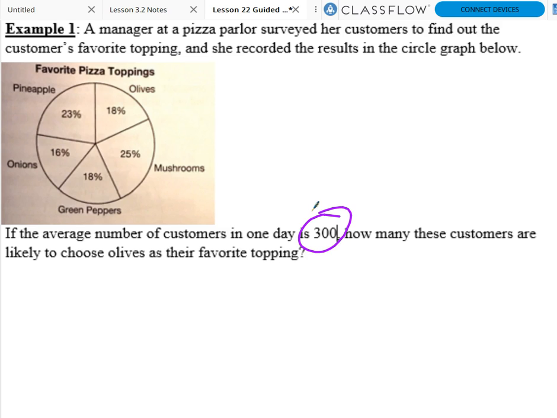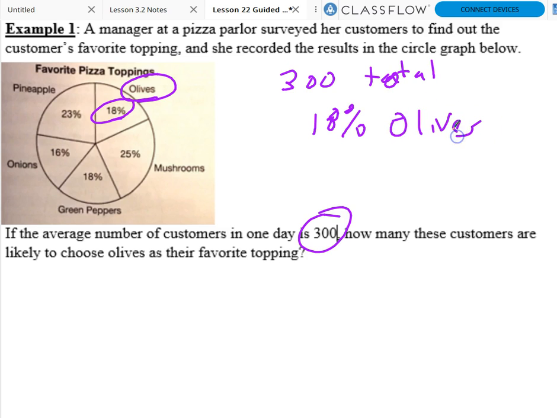So to answer this, we're going to go to our graph and find out where olives are. So olives make 18% of our sales. Okay, so we have 300 total customers come in on a given day, and 18% of them like olives on their pizza. Right? So what we got to figure out is what is 18% of 300.